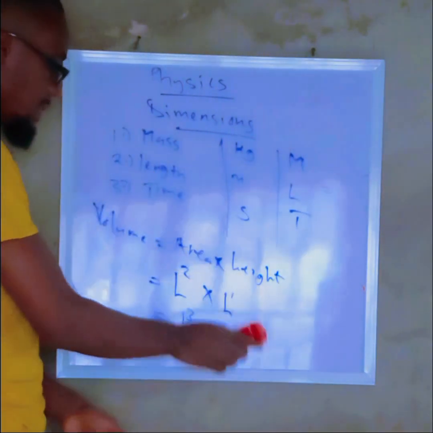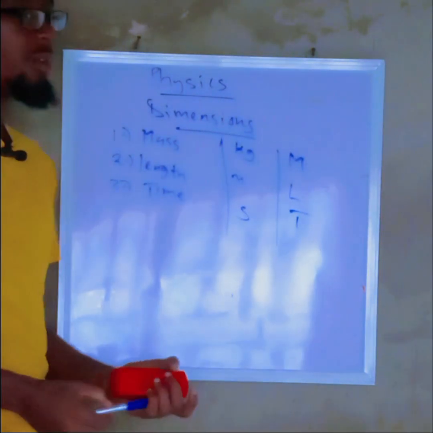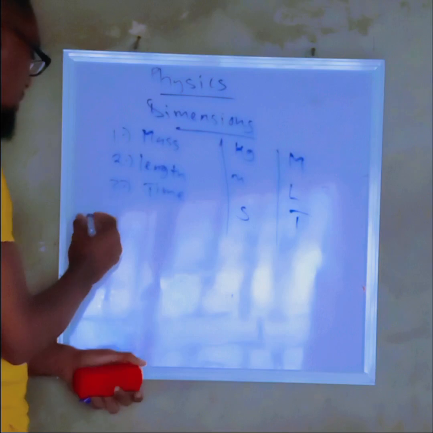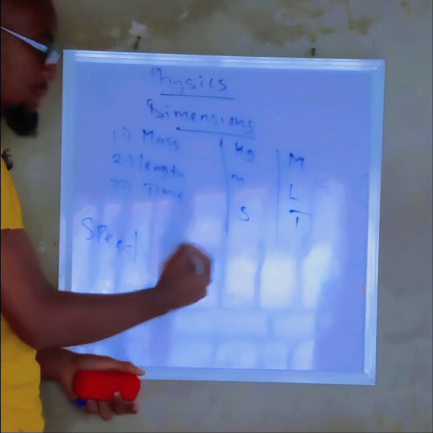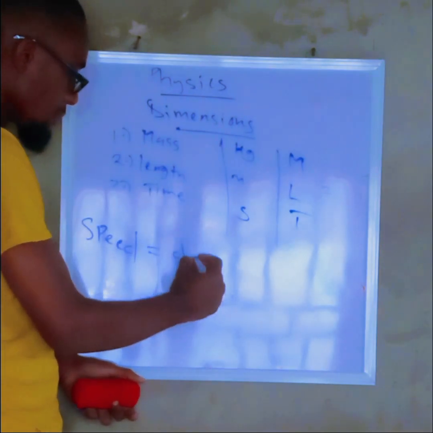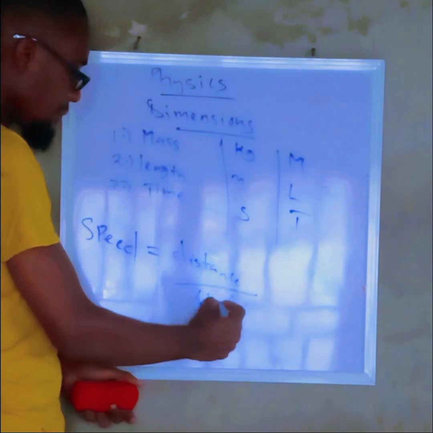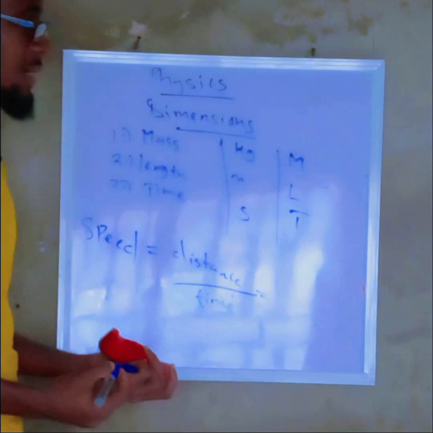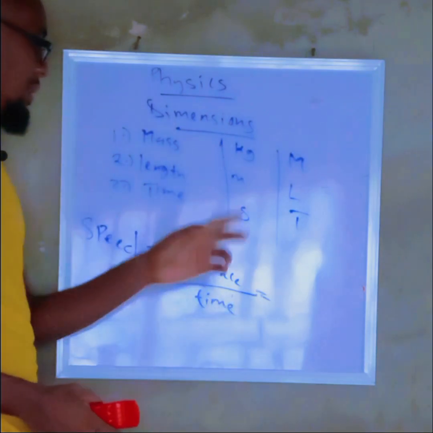We can go further to find the dimension for quantities like speed or velocity. Speed and velocity are the same, except for speed we don't talk about the direction. Now, the formula for speed is what? Distance divided by the time taken. Among these three quantities, which one can you relate distance with?